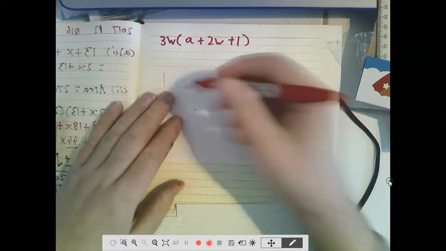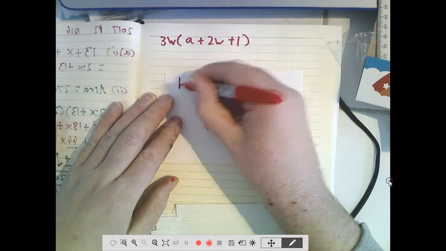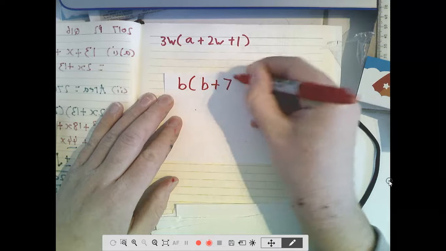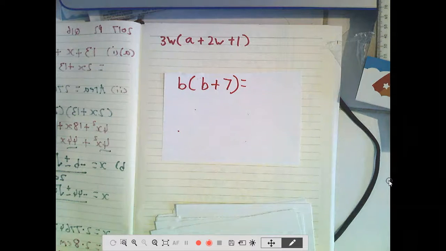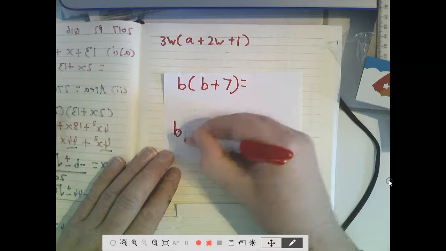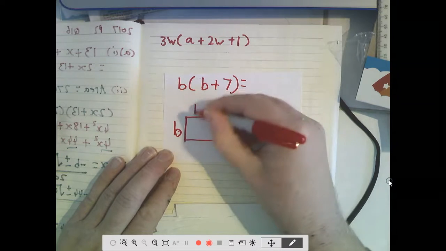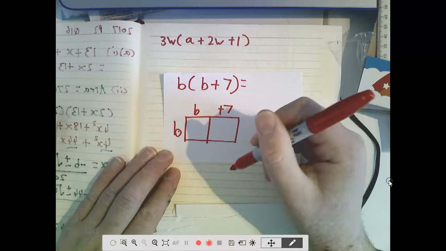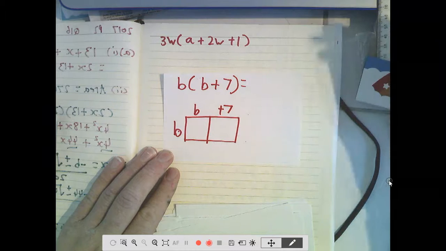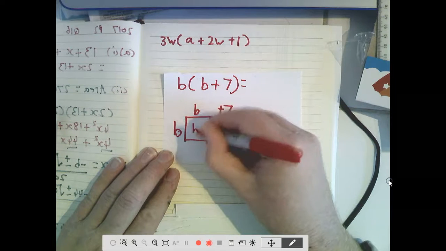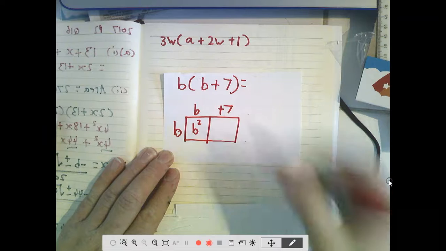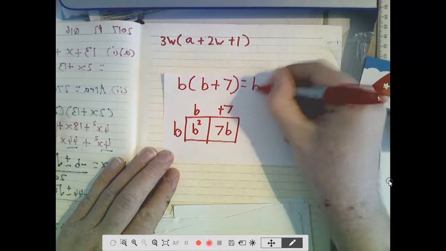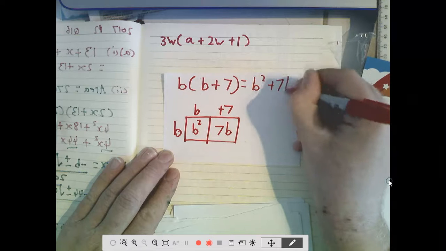Okay, let's try some more. Okay, we're going to have a b here. What's b times b? B times b is b squared. B times 7 is 7b. B squared plus 7b.